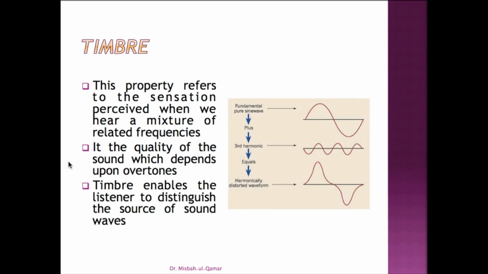It is the quality of the sound which depends upon overtones. Now, what are overtones? Overtones are basically the additional frequencies which are superimposed on the fundamental tone. You can see in the diagram.